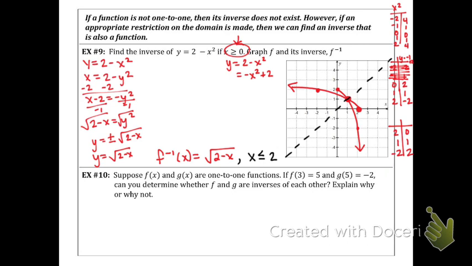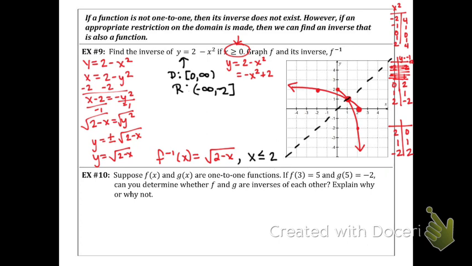So if I look at the original one here, we already know its domain was 0 to infinity because it told me so, and its range, so looking at it when I graphed it, was from negative infinity to 2. And so that is where this came from.